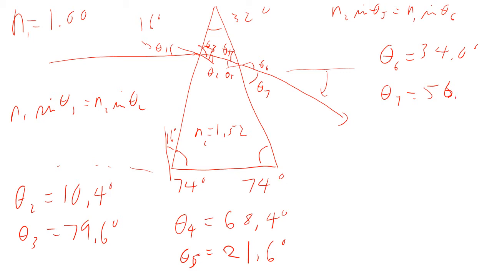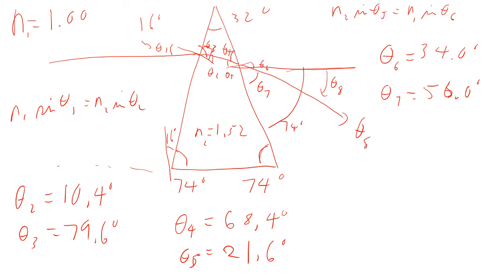So 56 degrees. But we want to compare that to what this would be. This angle here is going to equal 74 degrees. So theta 8 is how far we are from the perpendicular.